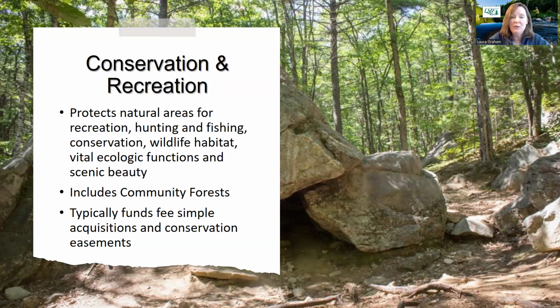The town used our funds to acquire the land, and they conveyed a conservation easement to the land trust to manage the land so that the town wasn't burdened by the significant responsibility involved in stewarding conservation lands. So that's the first program. Next slide, please.